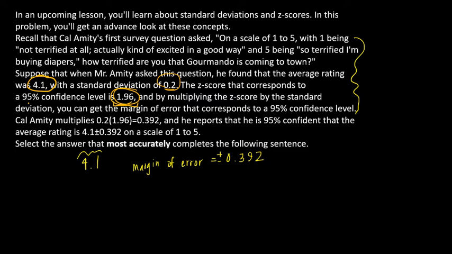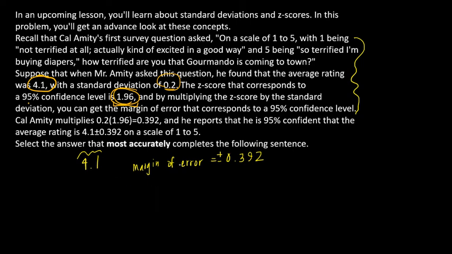So what you have to do is figure out: it says if Cal applies this statistic to the entire population to estimate the parameter, then what? So this is just like the last two questions. He's going to apply the statistic to the parameter, meaning instead of just talking about those 880 surveyed people, we're talking about the whole population.